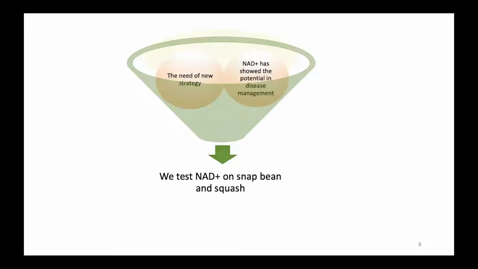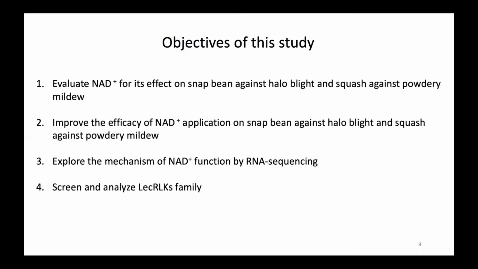Under the condition that there is an urgent need of new strategies to manage those two diseases, and NAD has shown the potential in disease management, we want to see if NAD can be useful on disease management in snap bean and squash. For this study, we have four objectives.